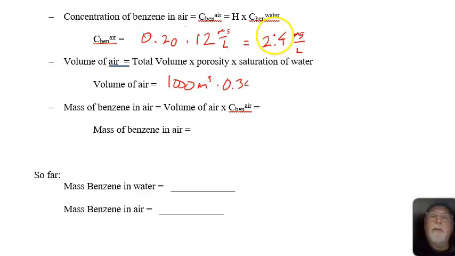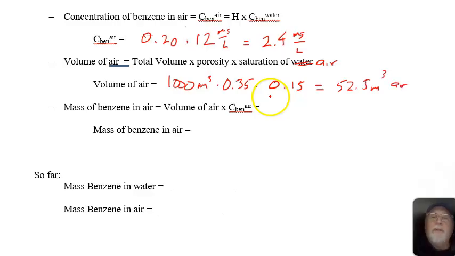That gives us our 350 cubic meter pore space times the saturation of water. Oops, I will correct this in your notes. Saturation of air, and that is 0.15. 350 cubic meter pore volume times 0.15 is 52.5 cubic meters of air.